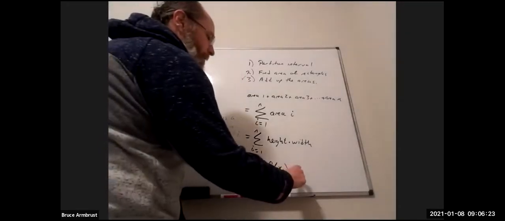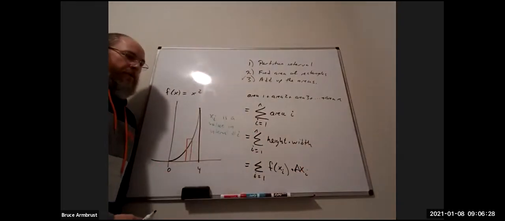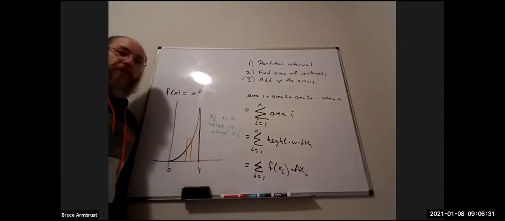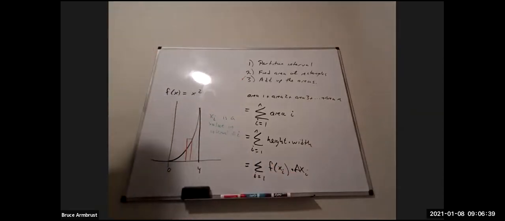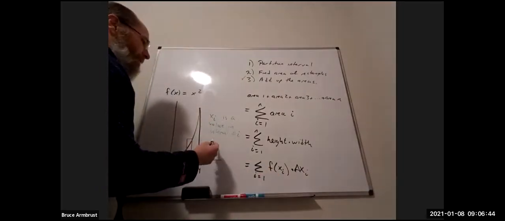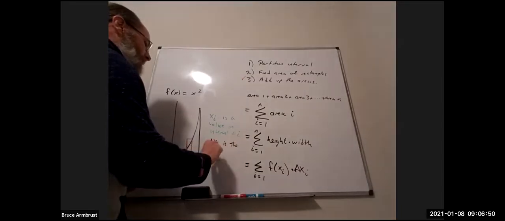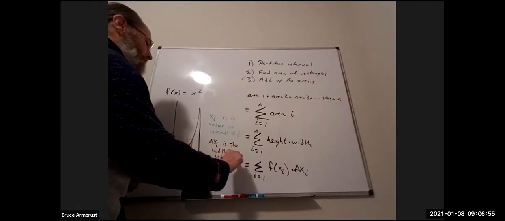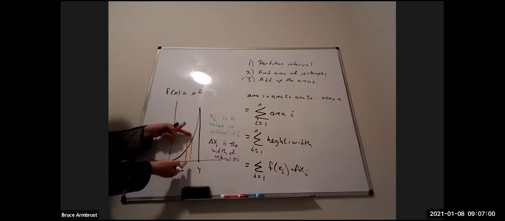We could call it delta x sub i, and that's probably a good way if we want to make it for a general partition. If this is any old partition, delta x sub i is just the width of interval number i. So x sub i is the value in interval number i, and delta x sub i is the width of interval i. The width comes from our interval length. The height comes from our function.